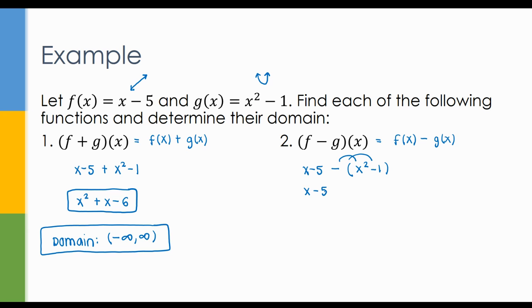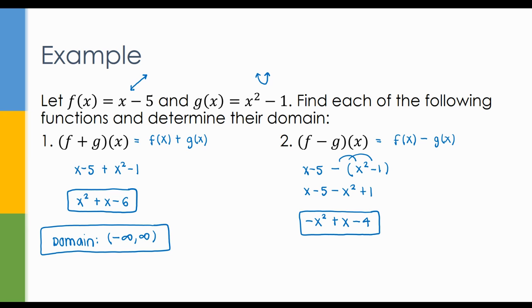We'll have x minus 5 minus x squared plus 1. Just now, like the addition problem, I can start combining like terms. I want to put it in standard form, so the x squared term goes first, but there's a negative with it. The x is still positive. There was nothing to combine with that. Now I have -5 plus 1, which will give me -4. So here is my function.